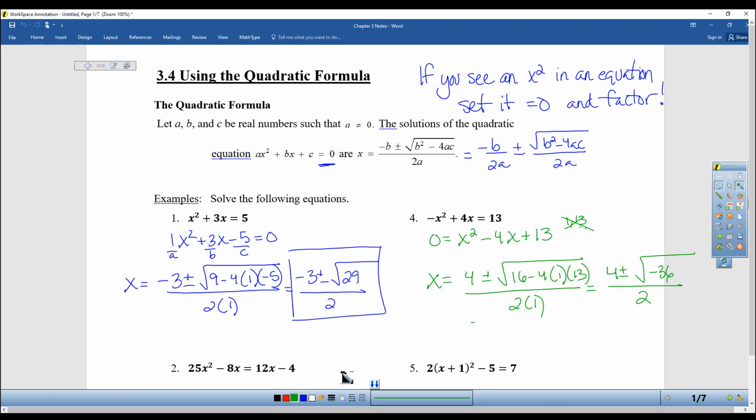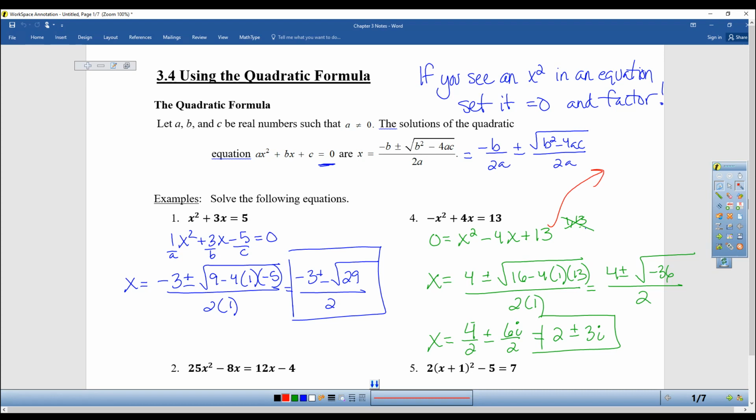This is where I was talking about. Do not cancel those. Okay, they do not cancel. x is equal to, you can put them separately, which is a great idea. The square root of negative 36 is 6i. And then you get 2 plus or minus 3i. And that's the answer.